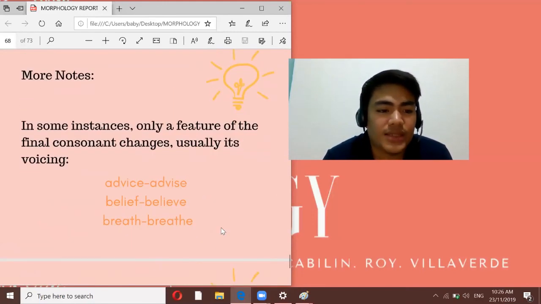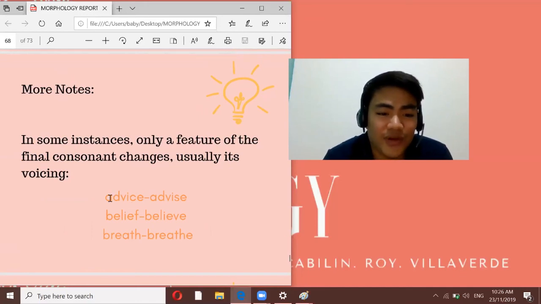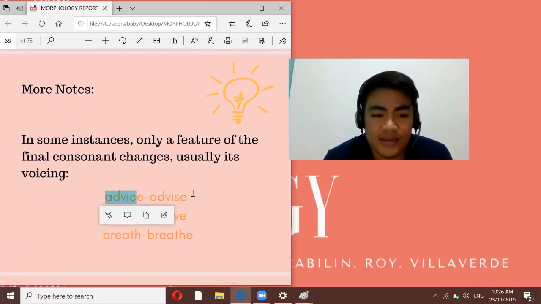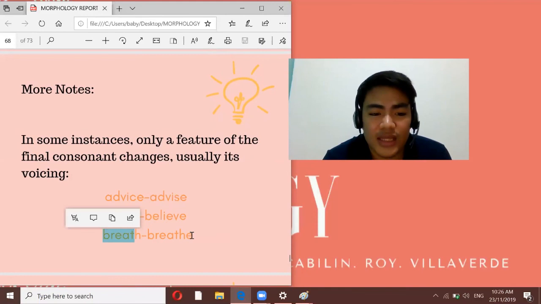More notes on this. In some instances, only a feature of the final consonant changes, usually its voicing. So, from advice to advise, from belief to believe, from breath to breathe.